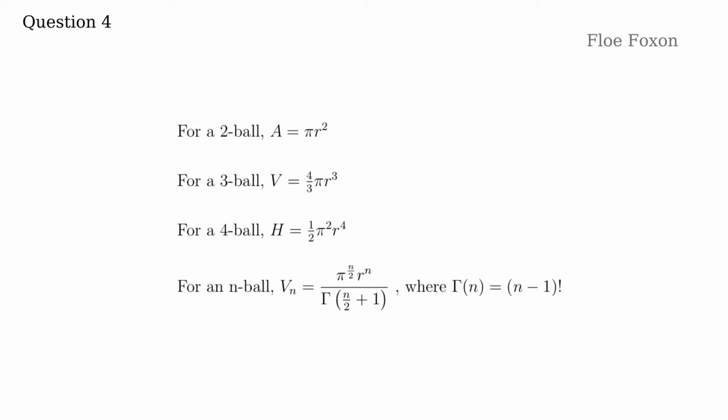There is in fact a closed form expression for the n-dimensional volume of an n-ball of radius r, which is pi to the n/2 times r to the n divided by gamma of n/2 plus 1, where this gamma is the Euler gamma function, with gamma of n equal to n minus 1 factorial for positive integers n.